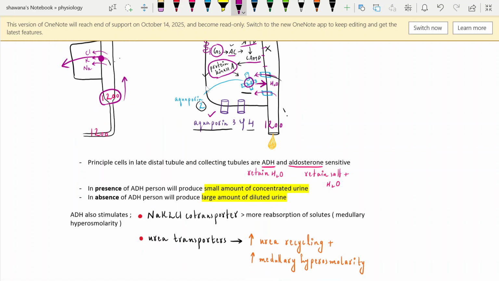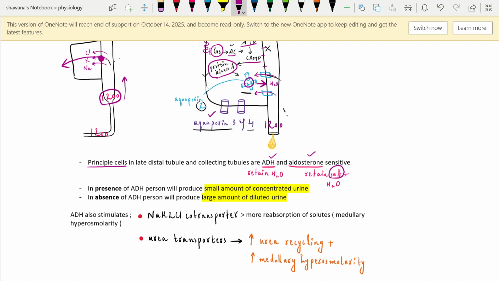So the late distal tubules and the collecting tubules all have principal cells in them, and ADH and aldosterone function on these principal cells. The function of ADH is primarily to retain water, and the function of aldosterone is to retain water and salt, mostly sodium.